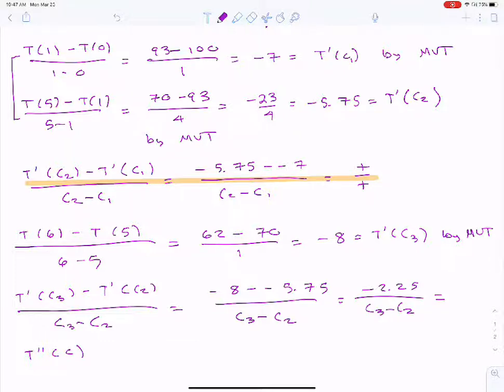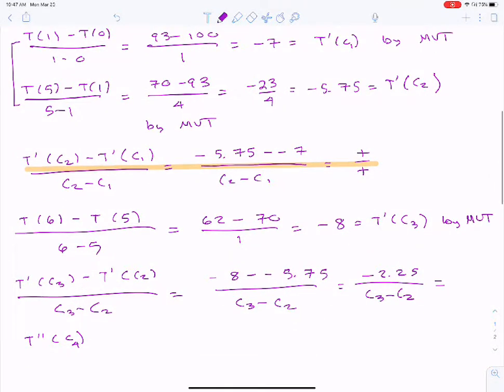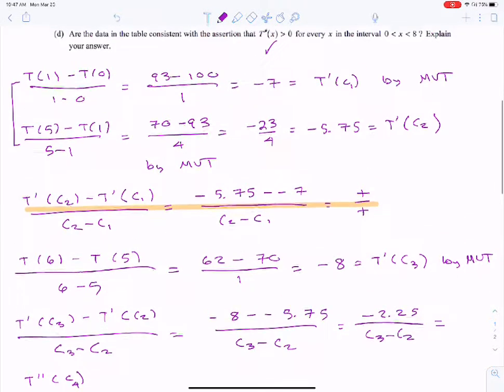There has to exist some, we'll call it C4 if we want to. There has to be some number in that interval from C2 to C3 where the second derivative is negative. So my conclusion is that, how do I want to phrase this?